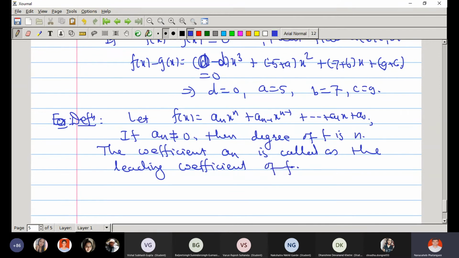Leading means the coefficient of the highest degree term. So the coefficient of the leading term is called the leading coefficient, because the highest degree non-zero term is x raised to the power n, and its coefficient is the leading coefficient.